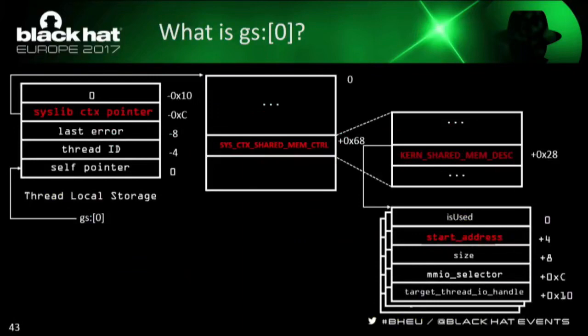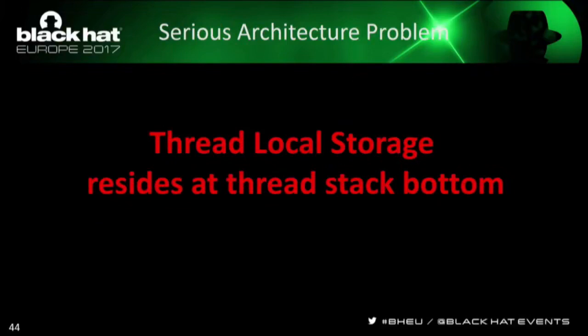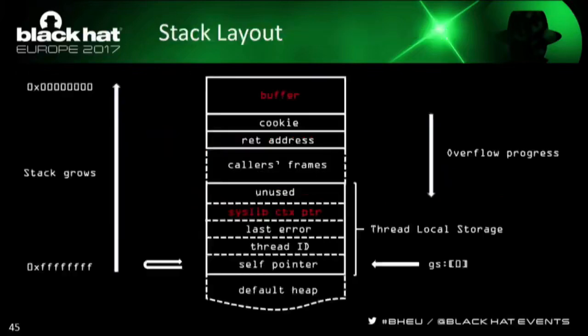But what we have found next is a big security flaw of late Intel ME firmware. The thread local storage resides at the thread stack bottom, so it is surely rewritable by stack buffer overflow. Let's consider the scheme.